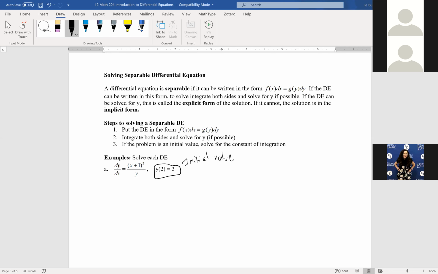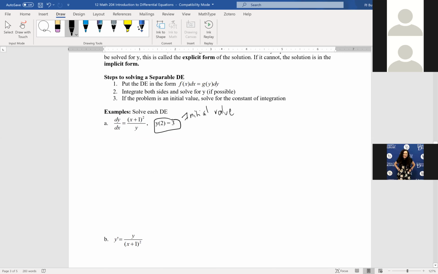So the first kind that we're going to talk about is called a separable differential equation. Now that has to start out in this form. Well, at least for us to solve.